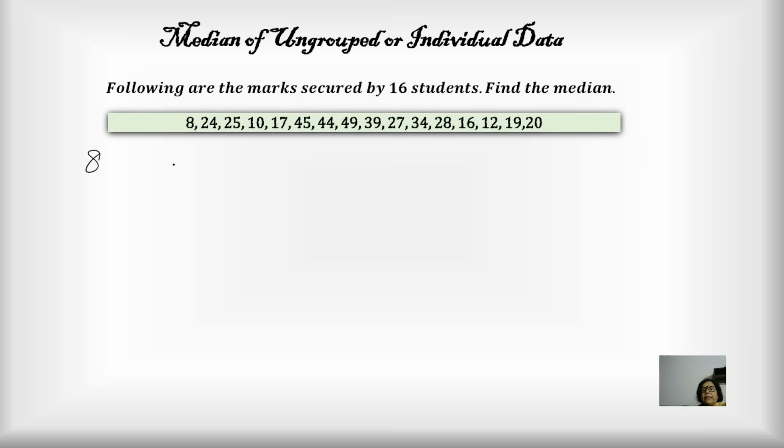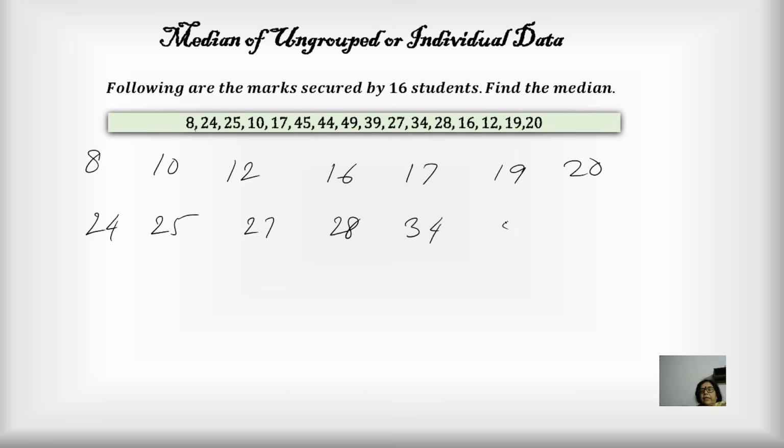The least value is 8, then we have 10, then 12, then 16, then 17, then 19, 20, then 24, 25, 27, 28, 34, 39, then we have 44, 45, 49.